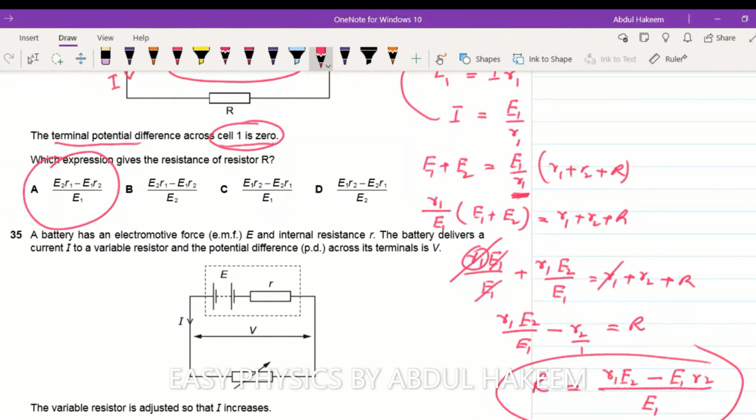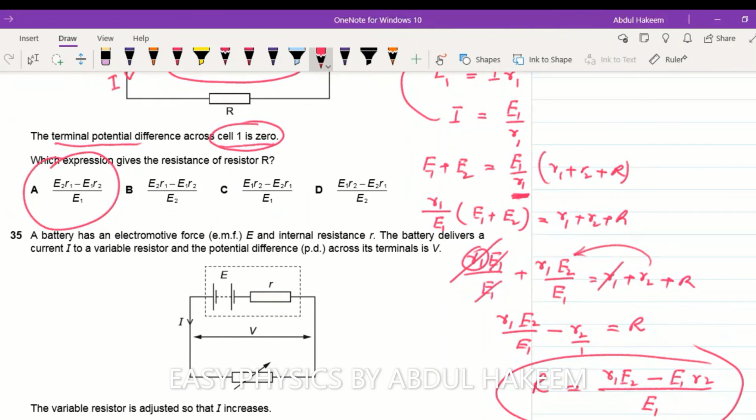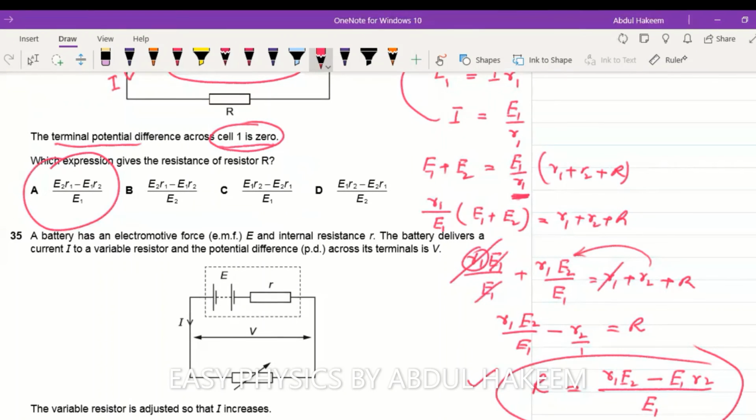So the left side now is R1 E2 over E1, and minus R2 comes here with a minus sign, equal to capital R. When the LCM is taken, the capital R is equal to small r1, capital E2, minus capital E1, small r2, divided by E1. So the option is A.